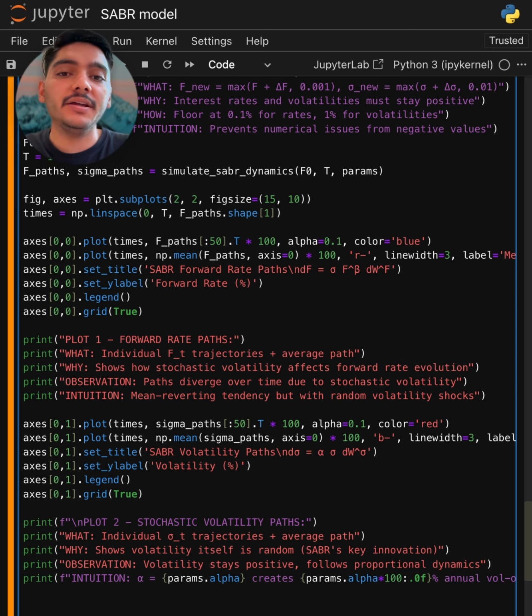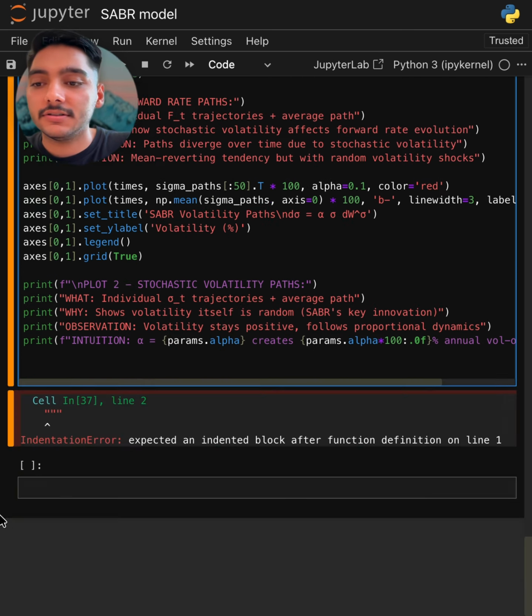The third plot will be the f and sigma correlation analysis, a scatter plot of incremental changes delta f versus delta sigma, to empirically verify the correlation parameter rho. We'll calculate all increments and plot a sample. I will just copy paste the code for this.